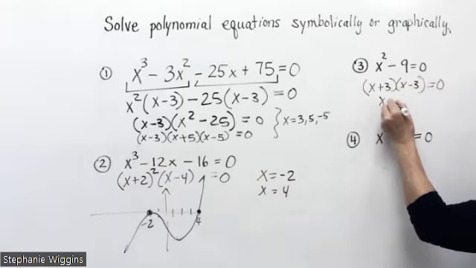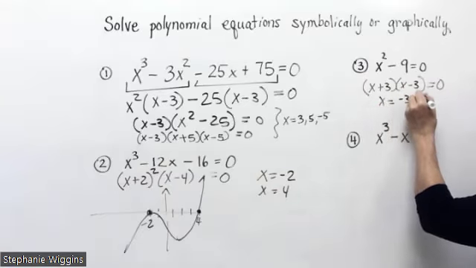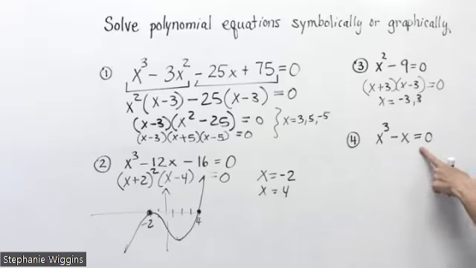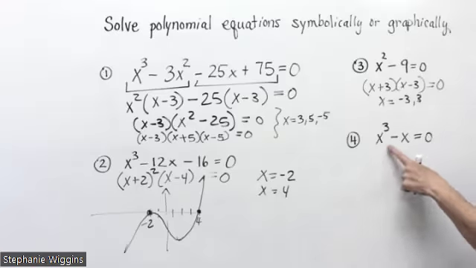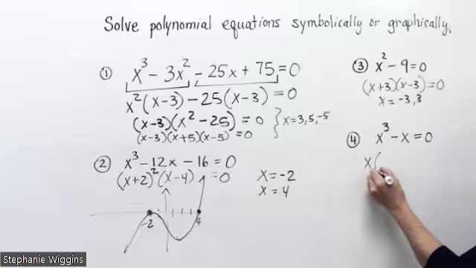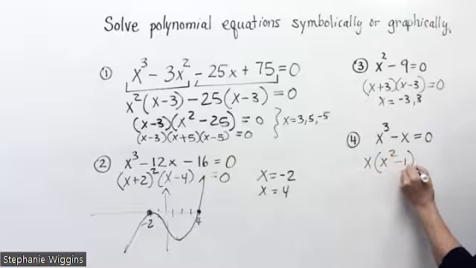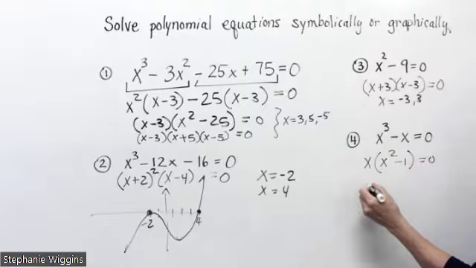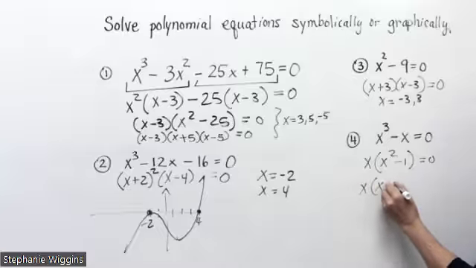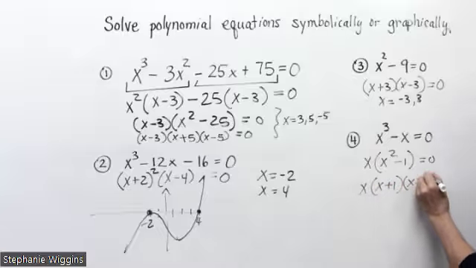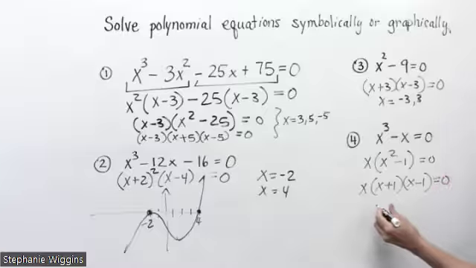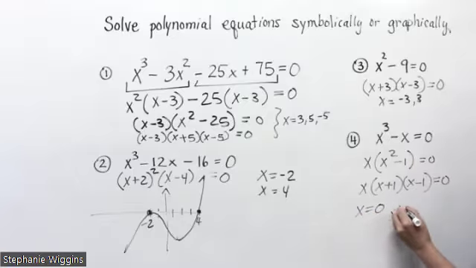And so x is -3 and 3. And here I can see that both terms have a common factor of x. I can pull that out, and I see that I can factor the rest as the difference of squares. So it's x plus 1 times x minus 1, and I get x equals 0, -1, and 1.